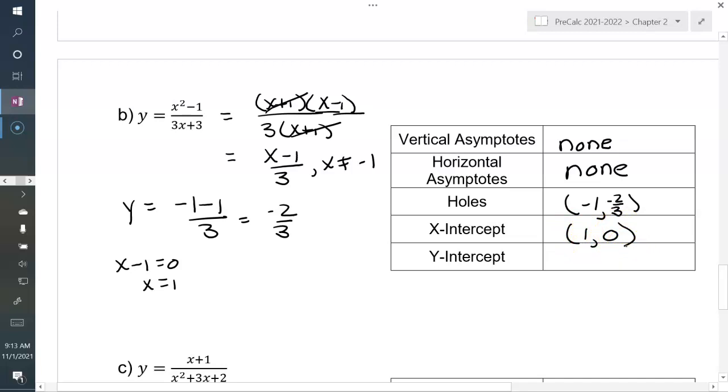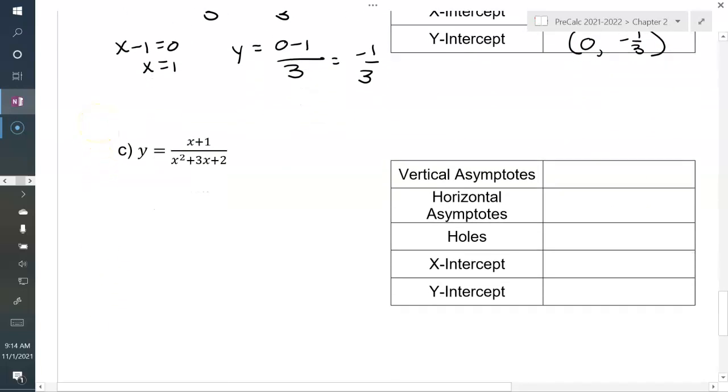I do not have an x-intercept at negative 1 because I have a hole there. And then y-intercept, just set your x equal to 0. And our y-intercept is at 0, negative 1/3.